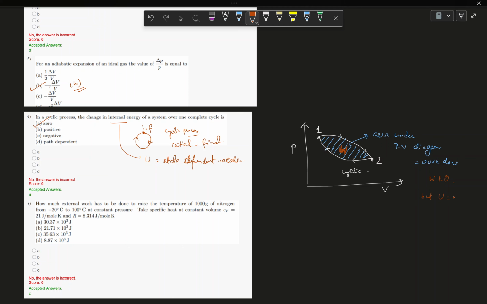Sorry, this is not W, this should be dW, because otherwise it may create confusion. I mean to say that the work done that is particularly happening because of this stress is not the net work done, but right now the change in internal energy is zero, not the internal energy is zero, because internal energy is a temperature dependent quantity, so it cannot just be zero just like that.